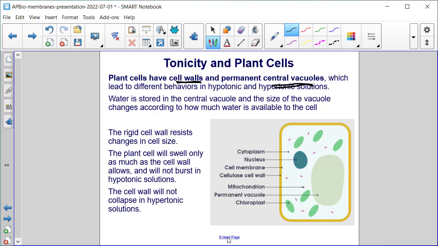The rigid cell wall resists changes in cell size. The plant cell will swell only as much as the cell wall allows and will not burst in hypotonic solutions. The cell wall will not collapse in hypertonic solutions.